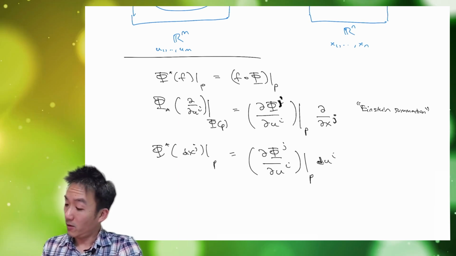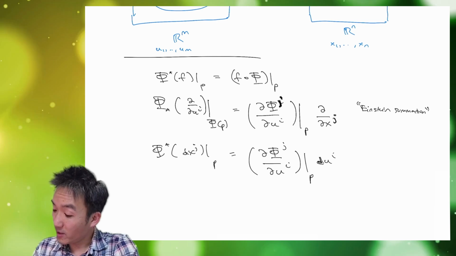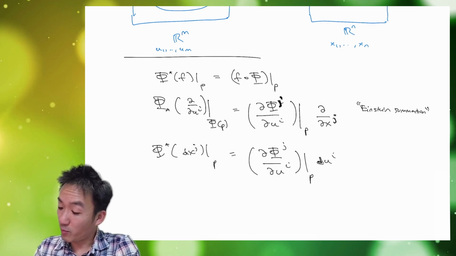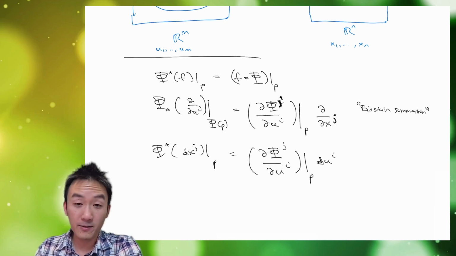Okay. I'm also using Einstein summation, but now I'm summing over the i's instead of the j's. So j appears on each side, that's fixed, and I'm summing over the i's. For the pullback of the dxj, I'm now varying the derivative indices, this partial ui, whereas the component of phi is fixed.